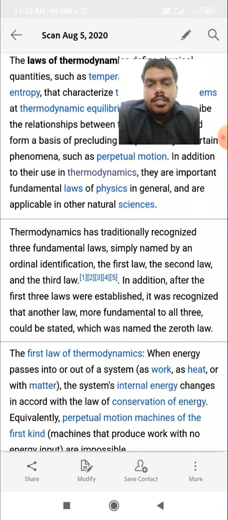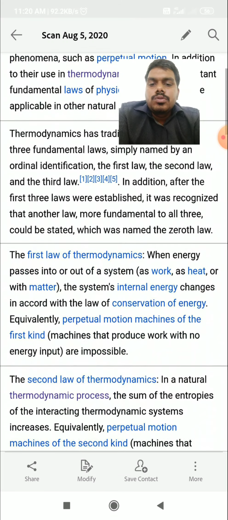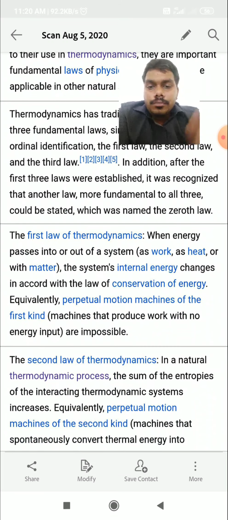In addition, it was recognized that another law, more fundamental than all three, could be stated. More fundamental means it comes before these three laws, so it is named the zeroth law.